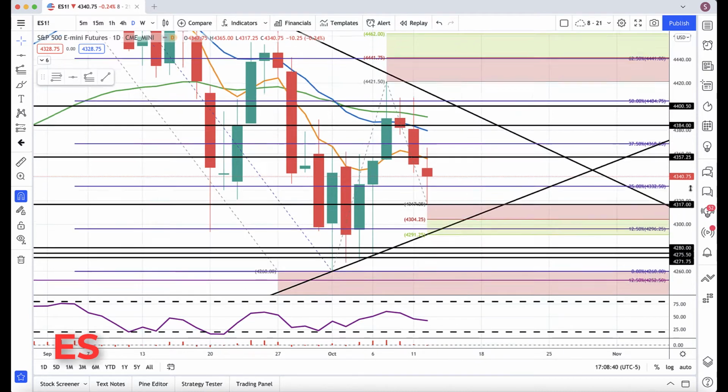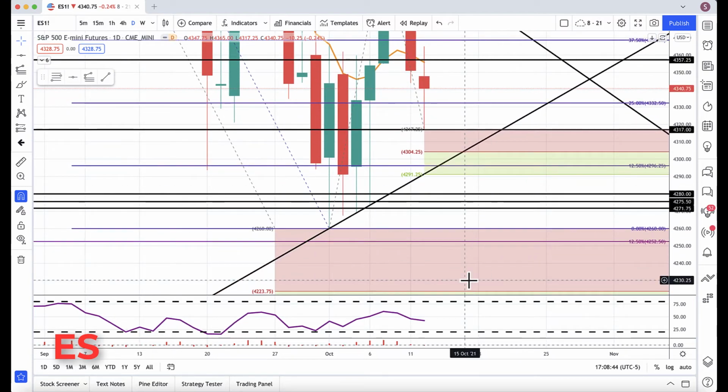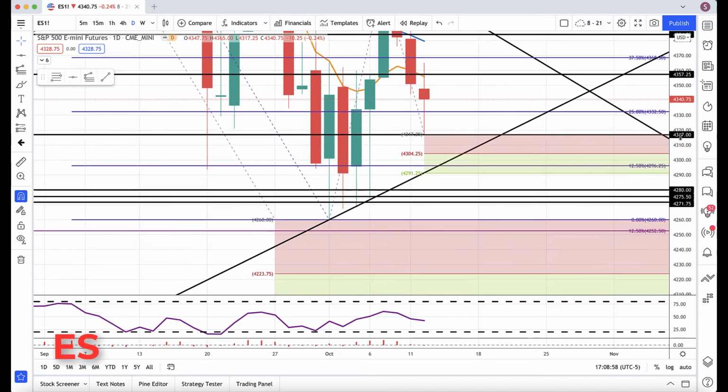Now, on an intraday spike basis, we have 42.71.75, 42.75.50, 42.80, which I then use with the intraday projections to fine-tune which of those levels to focus on the most.